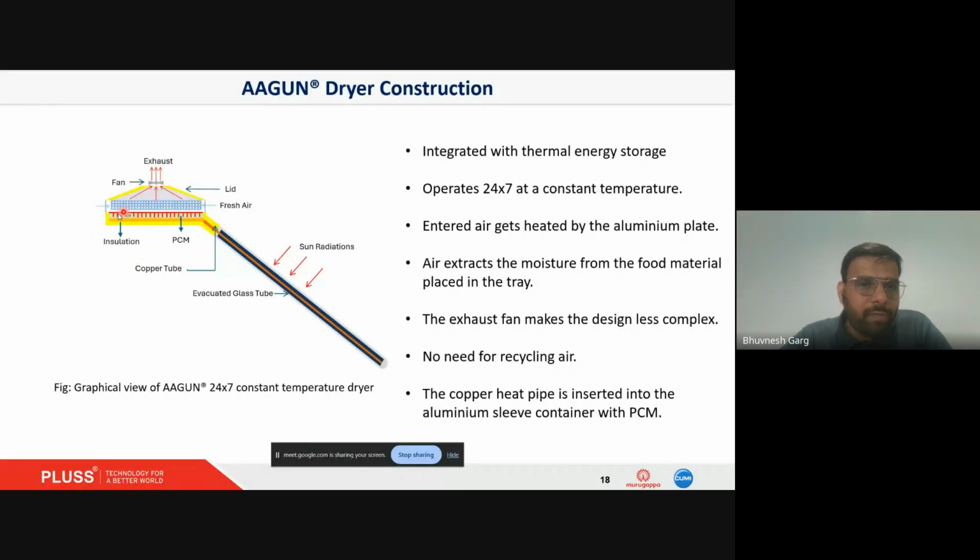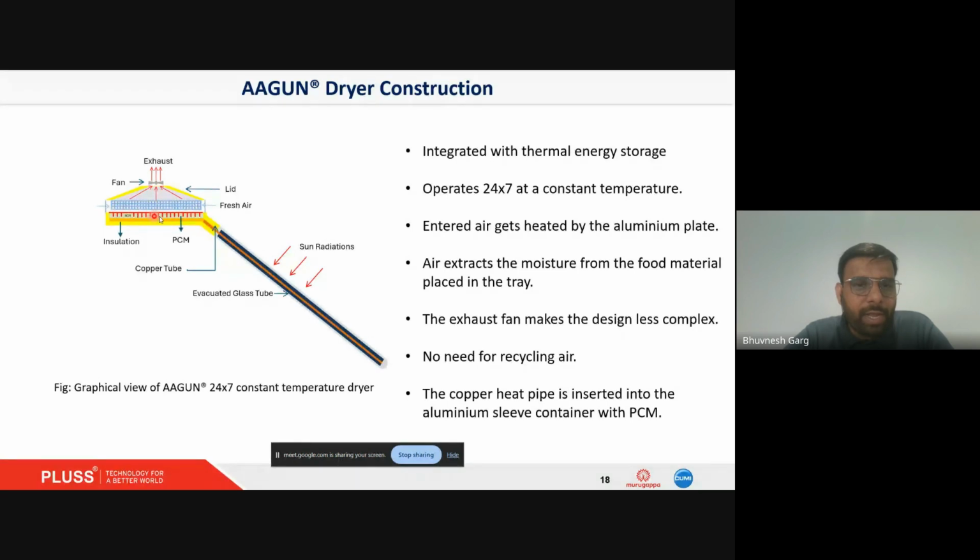So there is a material filled in a tank. A PCM material is filled inside this tank. So these vapors are transferring the heat to the PCM, and PCM is getting converted from solid to liquid phase and storing that heat during the daytime. Okay, and there are fresh air vents from both sides of this dryer, and there are drying trays.